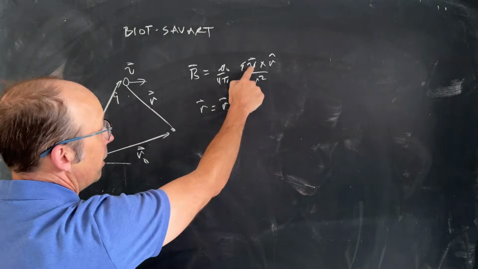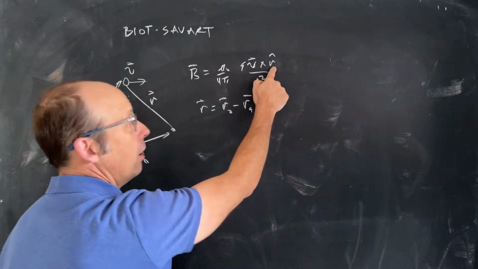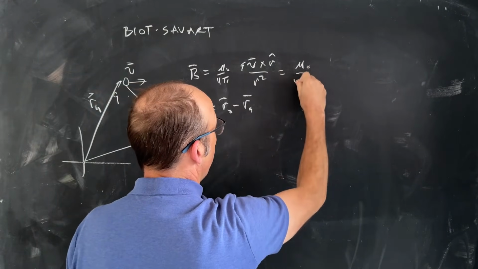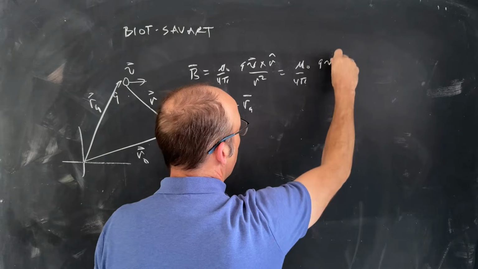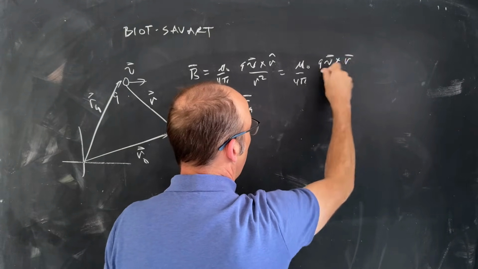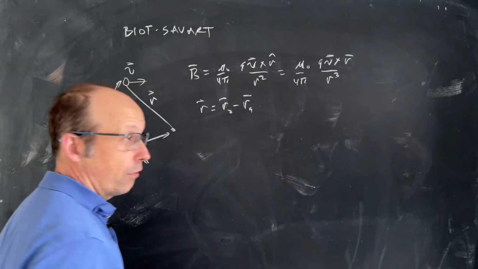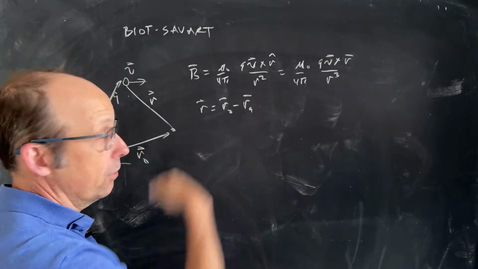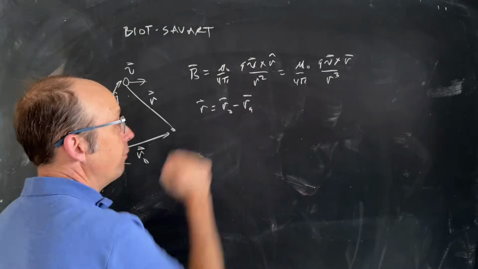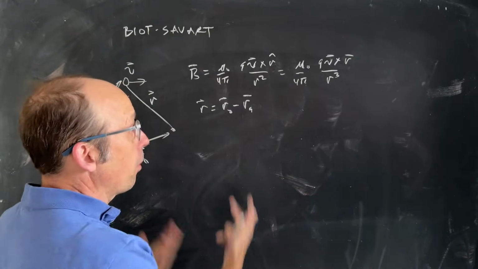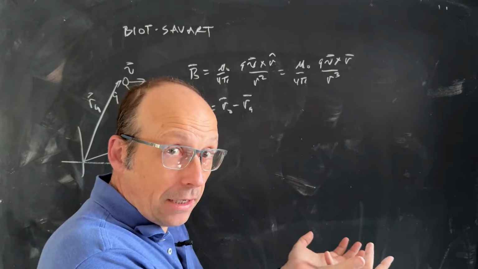So if we do that, because we have the cross product, and also some places we'll put this as mu naught over 4 pi q v cross R over R cubed, because remember R hat is R over the magnitude of R, so those two things are the same. But because we have this cross product, it's going to give us a magnetic field that's perpendicular to the velocity and perpendicular to R hat.